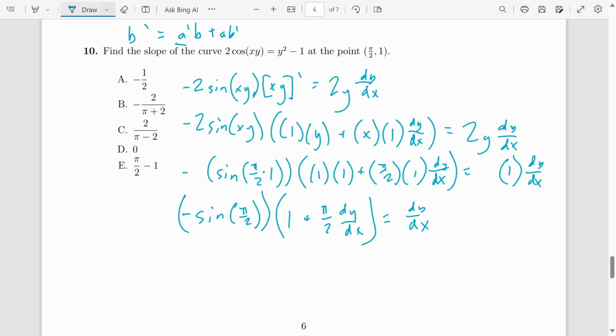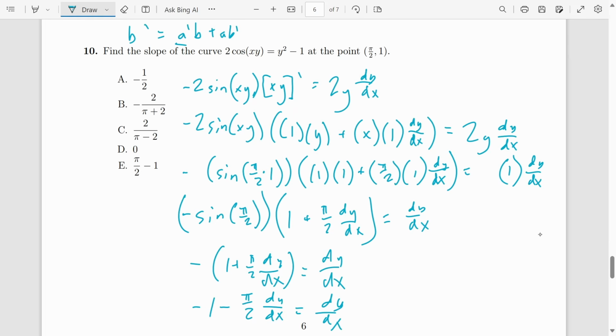Sine of pi over 2 is just 1. So on the left side is negative 1, and that's negative 1 plus pi over 2 dy over dx equals dy over dx. Now we can multiply the negative sign through to both of the terms on the right. This is going to be negative 1 minus pi over 2 dy over dx equals dy over dx.